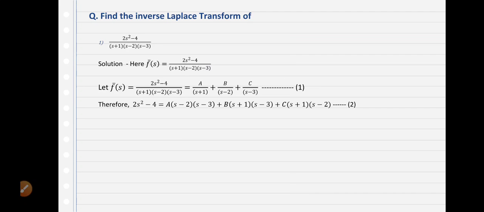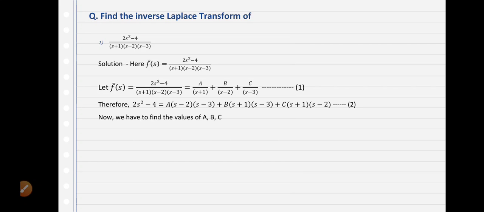So except s plus 1, whatever factors are in the denominator will become the multipliers to this constant A. So it becomes A into (s minus 2)(s minus 3) plus B. Now B has the denominator s minus 2, so the remaining two factors should be in multiplication with B. So it becomes B into (s plus 1)(s minus 3) plus C into the first two linear factors, (s plus 1) into (s minus 2). We call this equation 2.